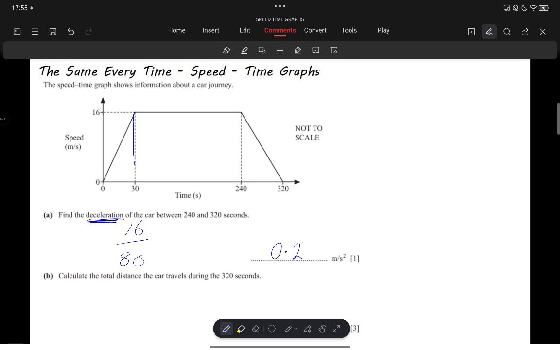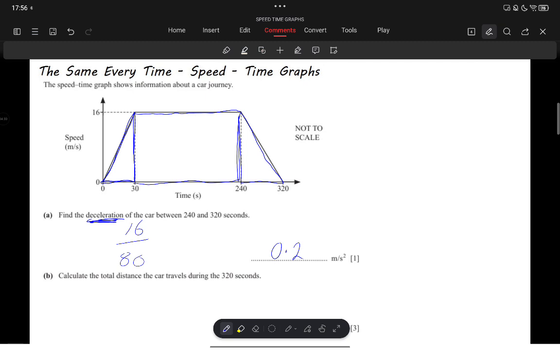What most people do is split it up into individual shapes. So we have a triangle just there. There's a triangle. And we have a rectangle just here. So there we go, rectangle just there. And we have another triangle just there. So work out the area of each of those shapes and add them together.